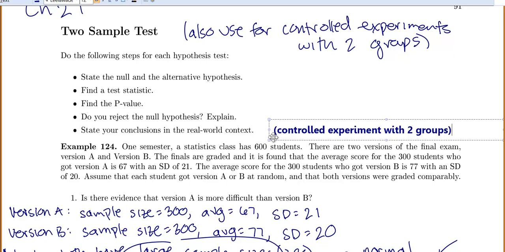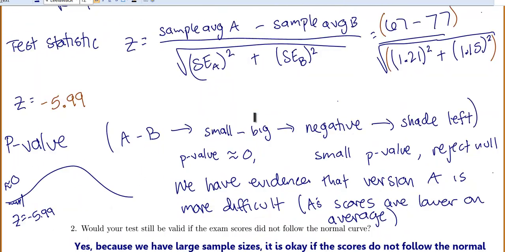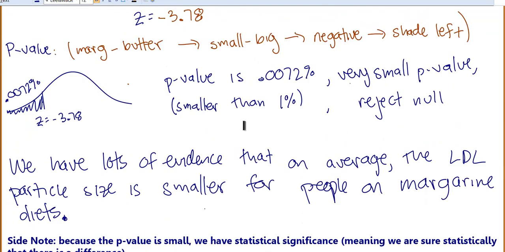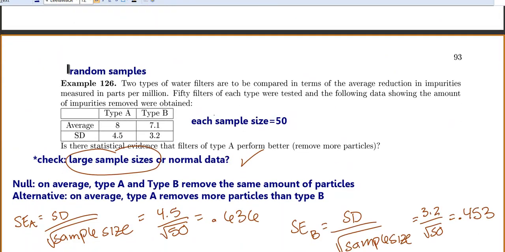And if you remember, we did talk about controlled experiments versus random samples in the second video. So the first two were examples where we had a controlled experiment and we split the people into two groups. And the next example is more of one where we had random samples from a bigger population.